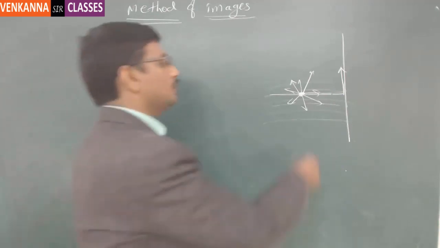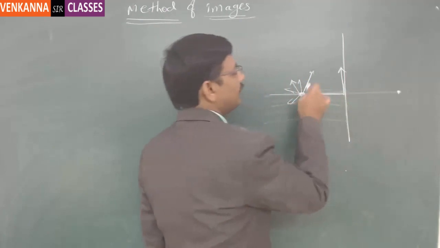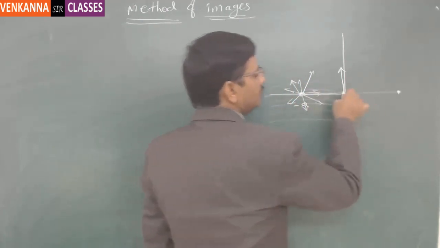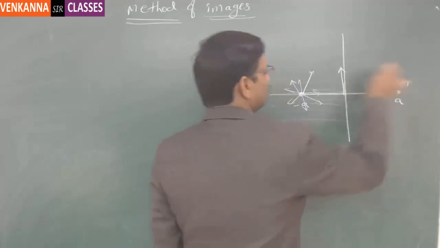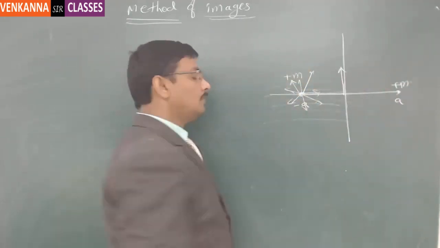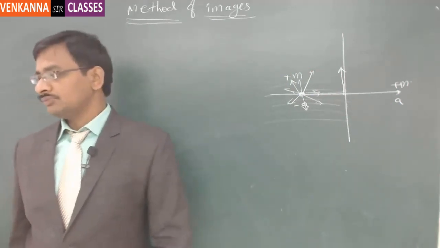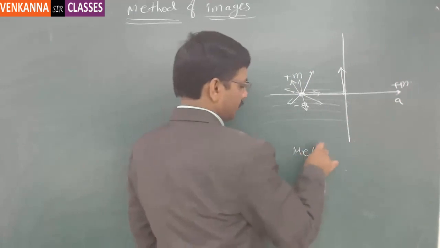To make sure that the analysis is not disturbed, suppose the source is at a distance of minus a, then the image will be at plus a. An equal source has to be placed so that the analysis will not go wrong. So this method we call the method of images.